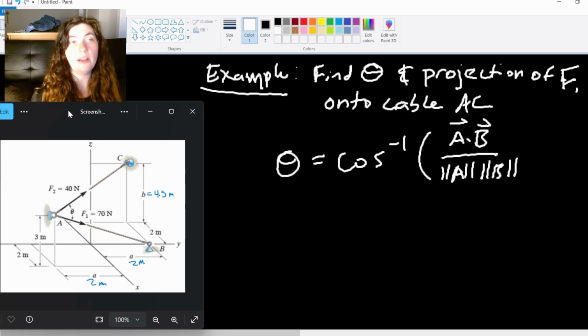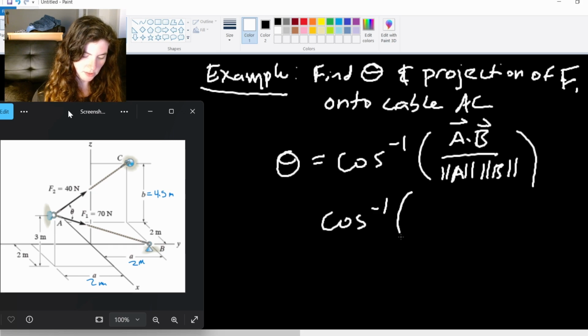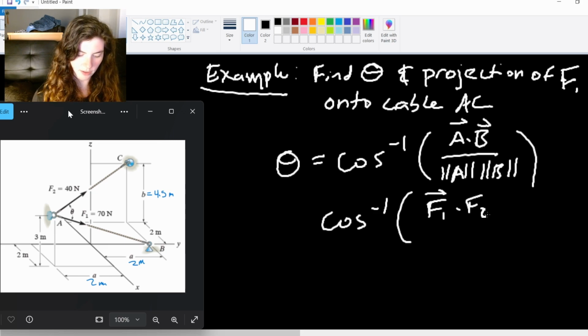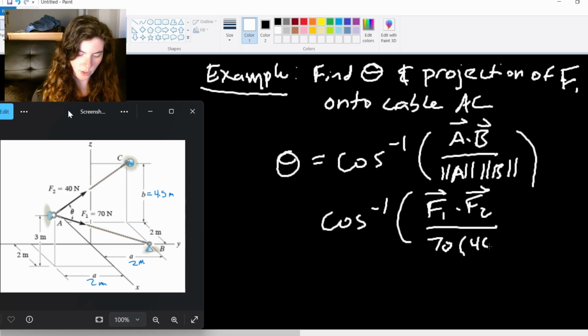Now, we do have the magnitudes. It tells us that F1 is 70 and F2 is 40. So in this case, we want to write it specifically for this case. It would be the dot product of F1 dot F2 over the magnitude of F1 times the magnitude of F2, which we already have, which is 70 times 40.